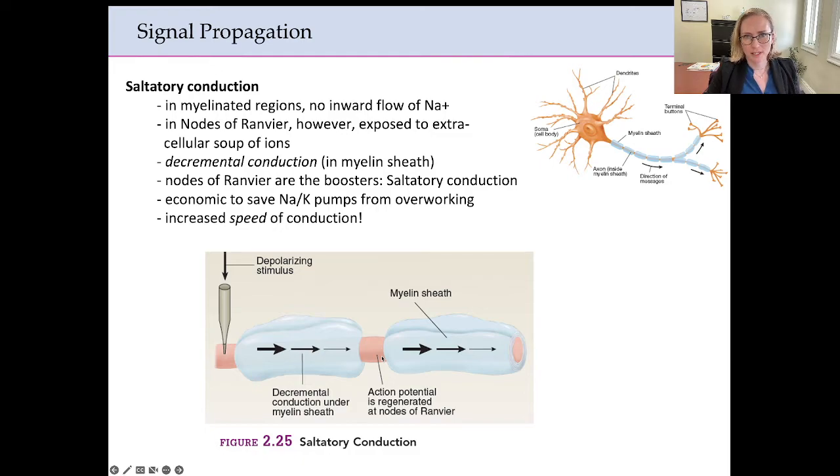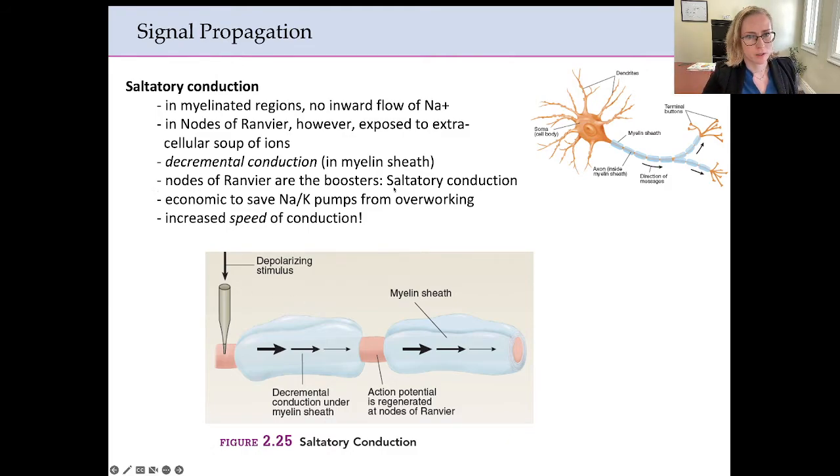And the way it's getting a speed boost is because it's not myelinated. This is where you can actually have sodium-potassium exchange happen because it's exposed to the extracellular space. Here, nothing can happen. No new sodium can enter, but you can get a little booster here where new sodium can come in and potassium out, and it boosts the signal, and it almost jumps down the axon.